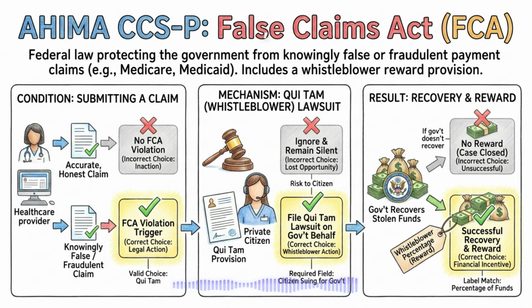The False Claims Act contains a unique whistleblower provision known as a qui tam lawsuit, which allows a private citizen, such as a medical coder, to file a lawsuit on behalf of the government. If the government recovers stolen money, the whistleblower is often rewarded with a percentage of the recovered funds.